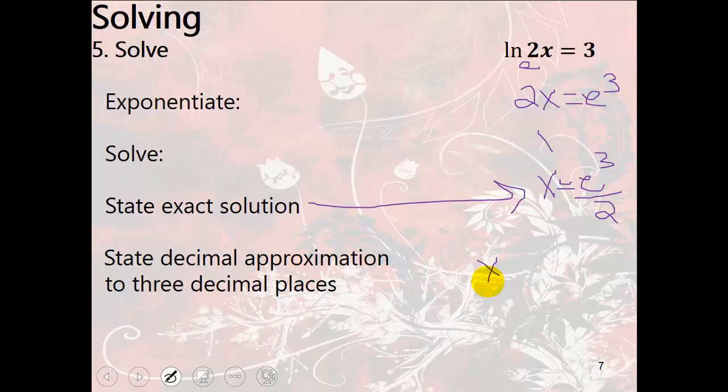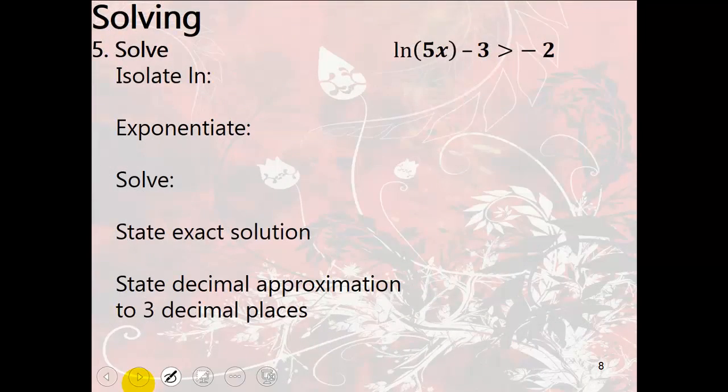So x is approximately equal to 10.043. You would take e cubed and divide it by 2. So on your calculator, you would go second e to the x, cube it, close that off, divided by 2, and you get 10.0427. So we would round that to the third place. It would be 10.043.